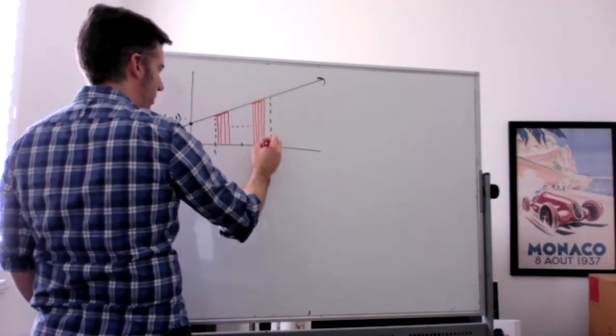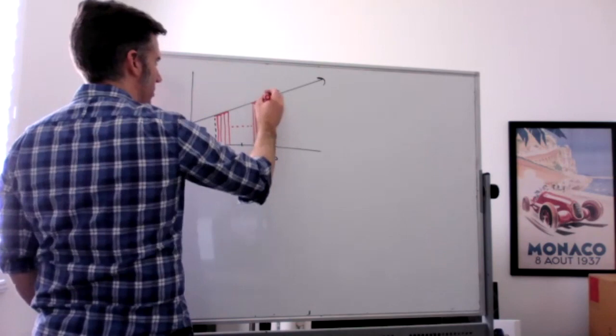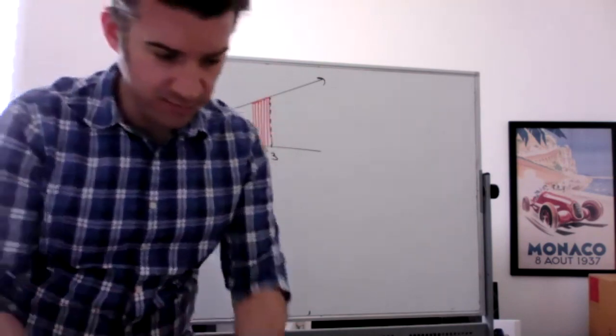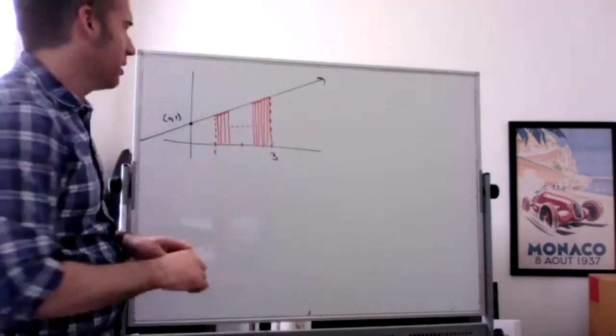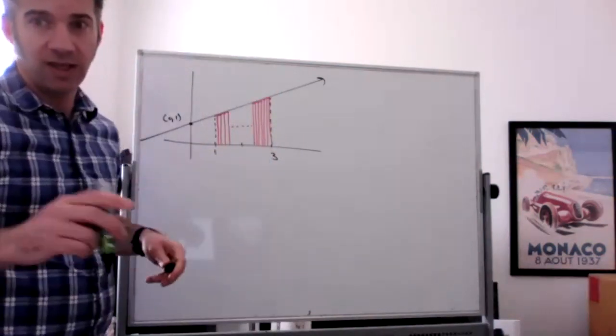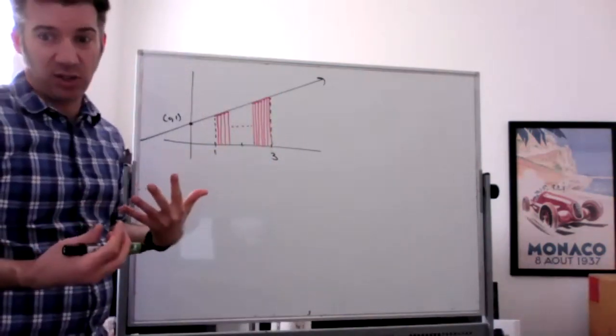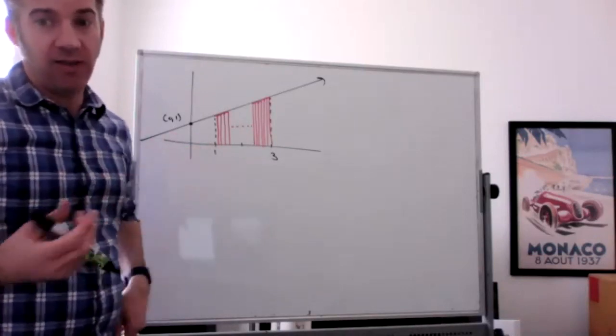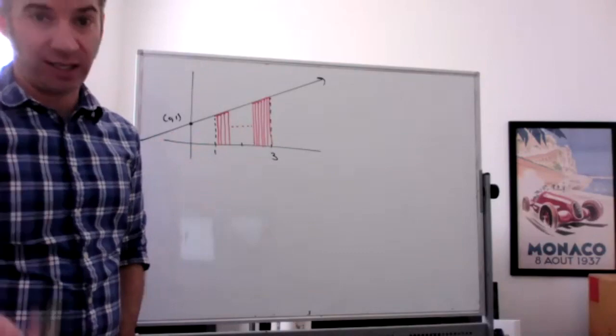Okay, I can draw more rectangles, but I don't need to. The thing I want to say is that an integral is just kind of an adding machine. We just have to tell it what we want it to add up. In this case, we want it to add up all the rectangles.